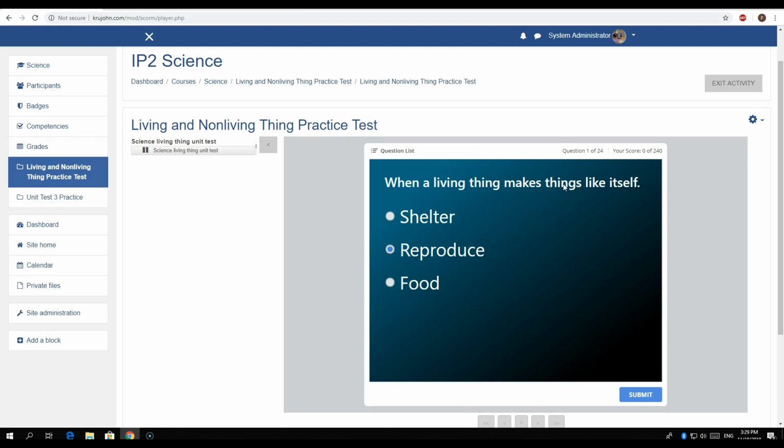We make people like ourselves. Another living thing that we've been learning about is fungi. They reproduce or make living things like themselves by using spores, which is one of our other vocabulary words. So our answer is reproduce.